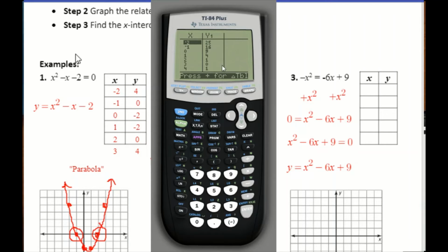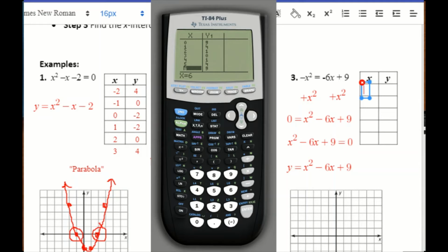So like -2, 25, not very good. Here's where the money is right here. Looks like between x equals 1 and x equals 5. So I'm gonna use that for my table. So let's go ahead and input that in.